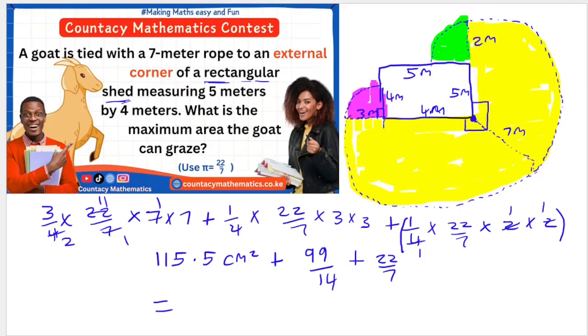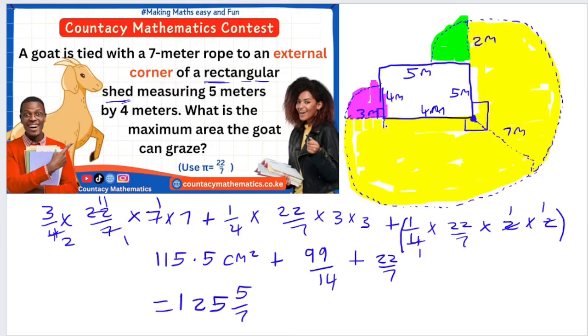Once we put in and add all these areas together, what we get is 125 and then 5 over 7.